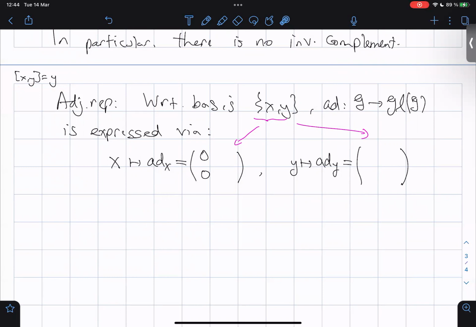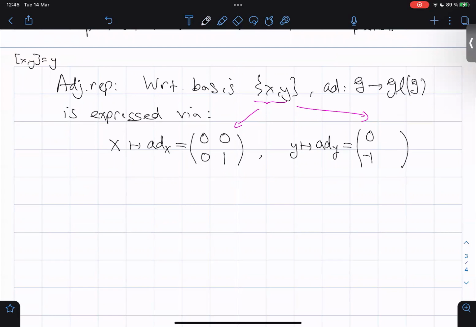I decompose y in this basis, and I get coefficients 0 and 1. So you put that in the second column. Similarly with this other guy. On the first basis vector, I'm bracketing y on the left with x. So that's going to give me minus y.